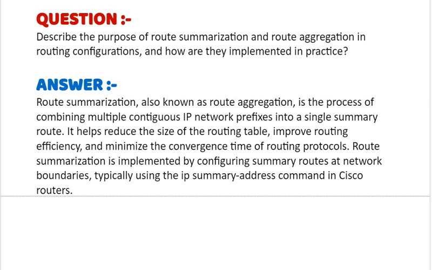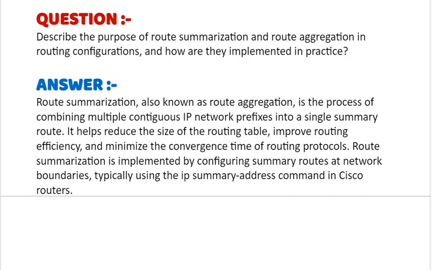Your answer should be: route summarization, also known as route aggregation, is the process of combining multiple contiguous IP network prefixes into a single summary route. It helps reduce the size of the routing table, improve routing efficiency, and minimize the convergence time of routing protocols.